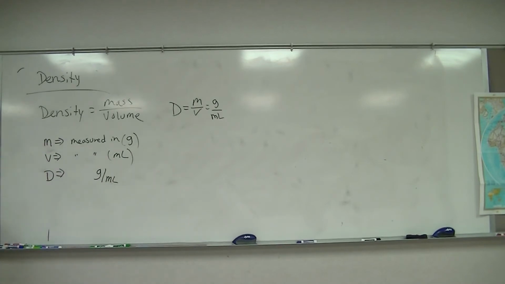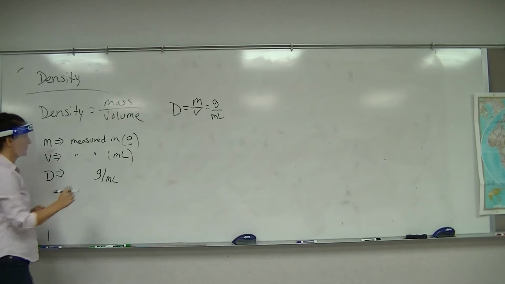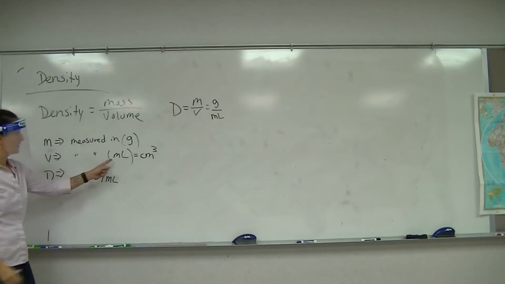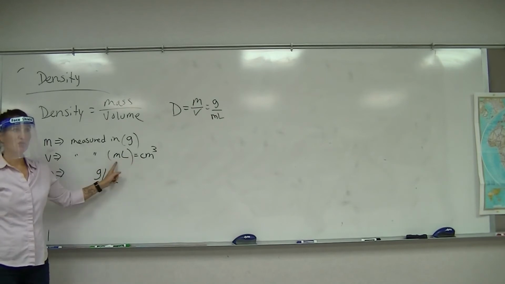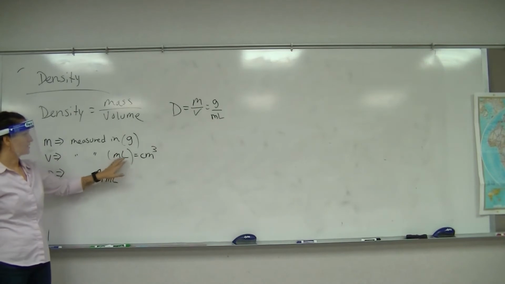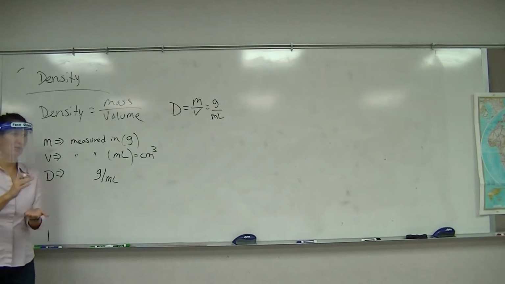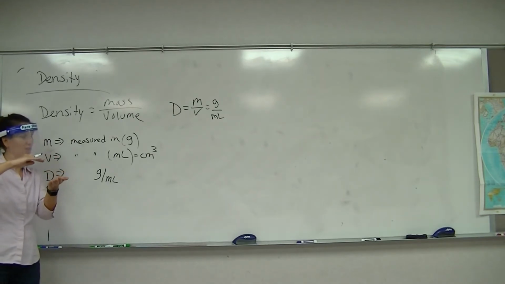So volume measured in milliliters, sometimes we will see it also in centimeters cubed. These units are interchangeable. They're equal to each other. The reason we sometimes use mils and sometimes centimeters cubed is because if it's a volume we're measuring, we're going to get out a graduated cylinder. We're going to pour liquid in it and we're going to measure it in milliliters.